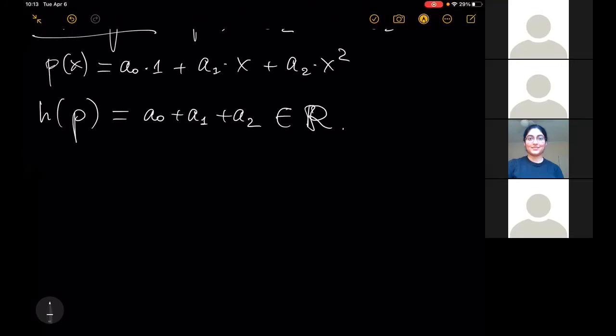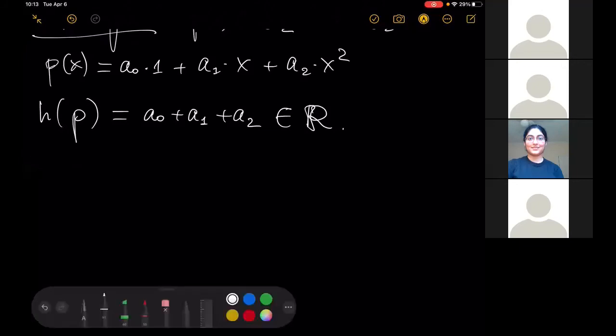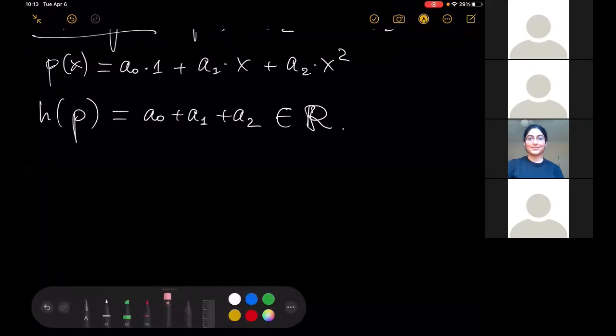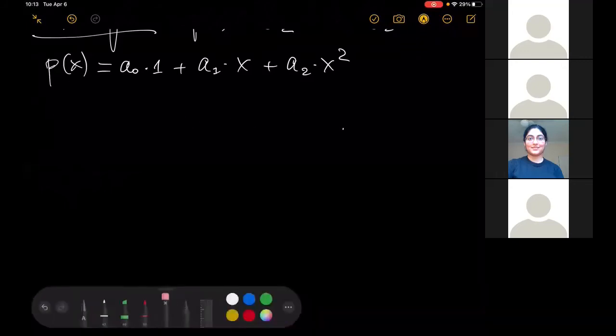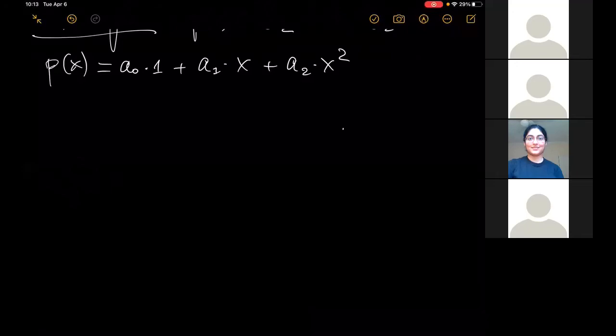Okay, how to compute, for example, yeah, this is not a very good example. Let me define the homomorphism like that.